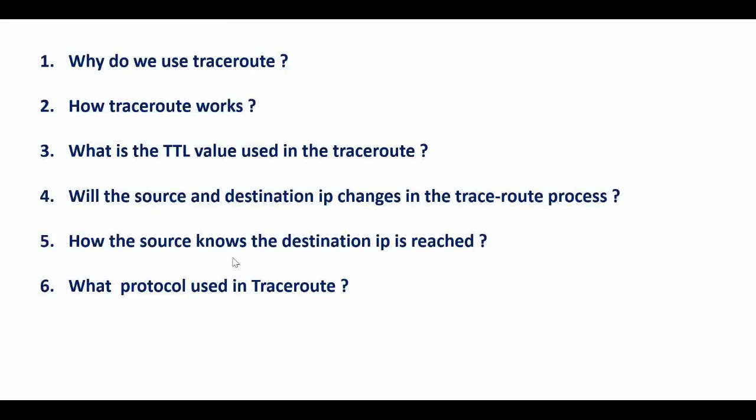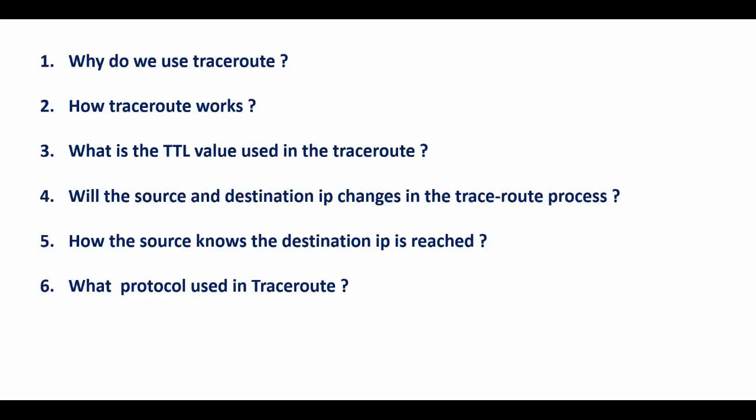So how does the source know the destination IP is reached? Like I showed in the packet tracer, when the source router receives a port unreachable message, it knows that only the destination IP is sending that reply, right? It says that we have reached the end destination.